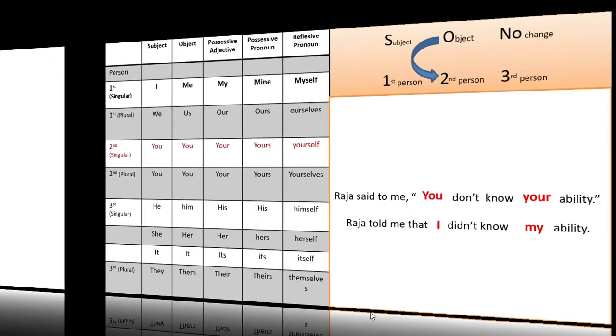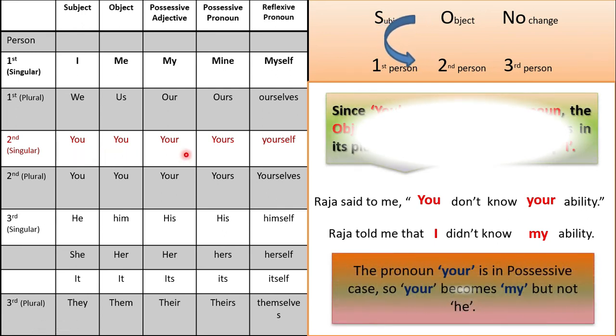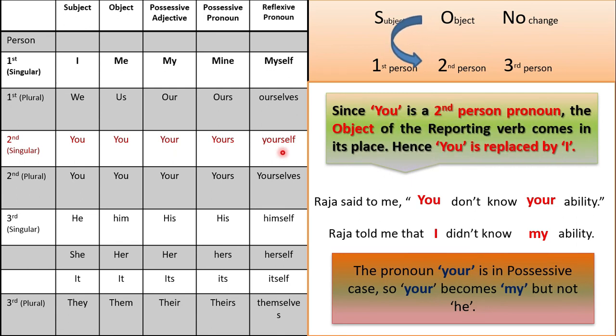Now let us see how second person pronouns change. Second person pronouns are you, your, yours, yourself and yourselves. Now look at this here. Raja said to me, "You don't know your ability." Raja told me that I didn't know my ability. Now here you is the second person and the object of the reporting verb according to this rule comes in its place.